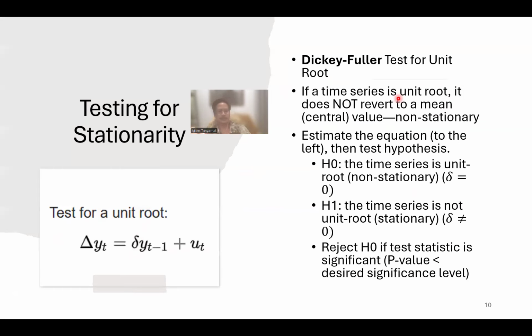There are some technical issues to talk about here quickly. The statistical test for Dickey-Fuller doesn't use the normal distribution for test statistics. It's a Dickey-Fuller distribution. They derived the distribution and came up with the critical values and so on. So even though the distribution is not normal, the concept of the test is the same. Reject H0, we have stationary. If we do not reject H0, you have non-stationary.